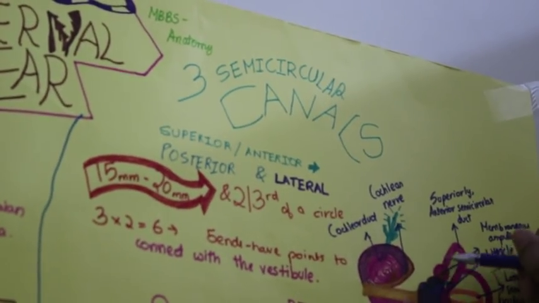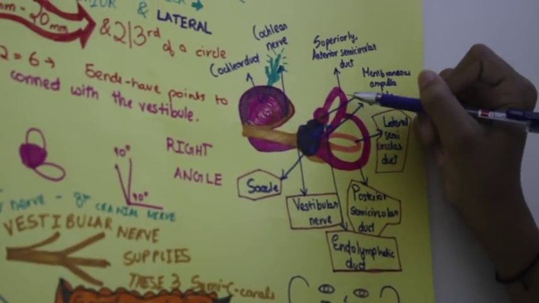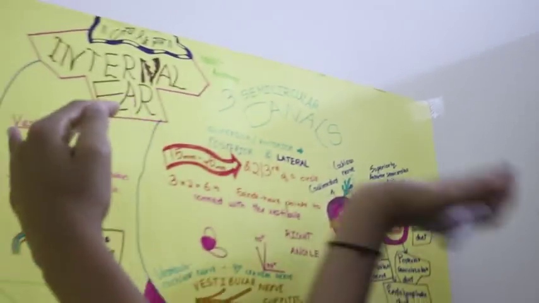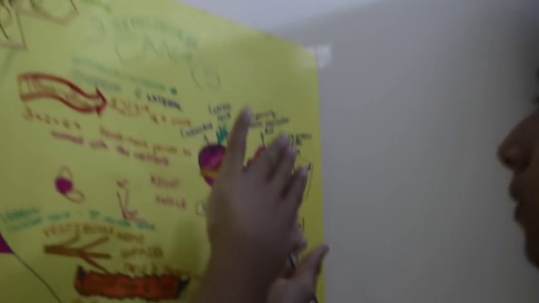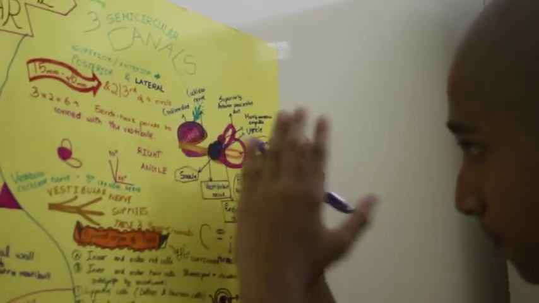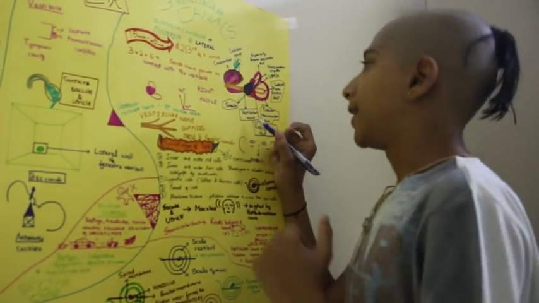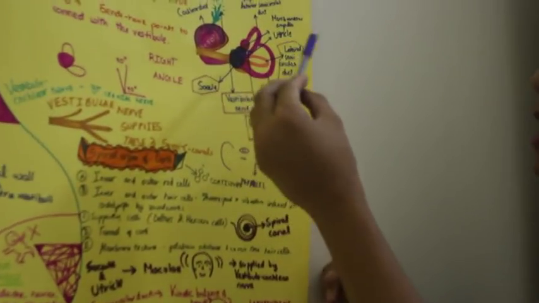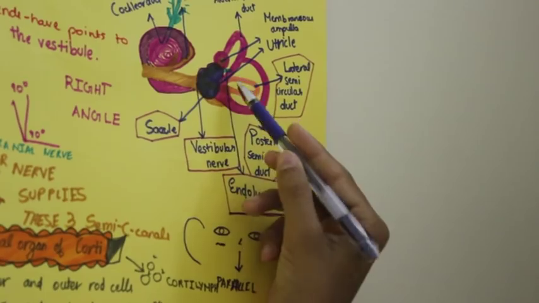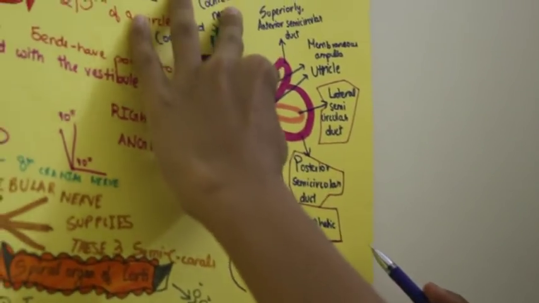The one here is the anterior one, superiorly anterior. So it's somewhat raised up like this and facing forward. The lateral one faces this way and the posterior one faces behind. So this is the basic structure. Can you please zoom in here? This is the saccule and this is the utricle, and this whole thing is called the vestibule.